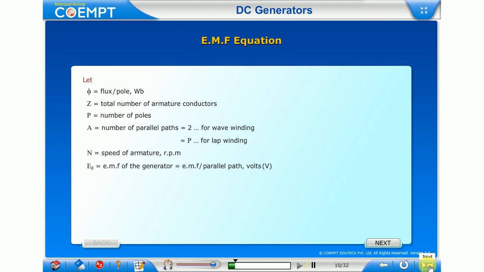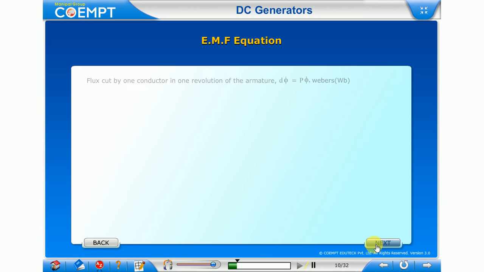The EMF EG in a conductor of active length L moving at a velocity v in a magnetic field having flux density B is given by EG equals the product B L V. Let phi be the flux per pole in Webers, P the number of generator poles, Z the total number of armature conductors, A the number of parallel paths, and B the magnetic flux density in Tesla.